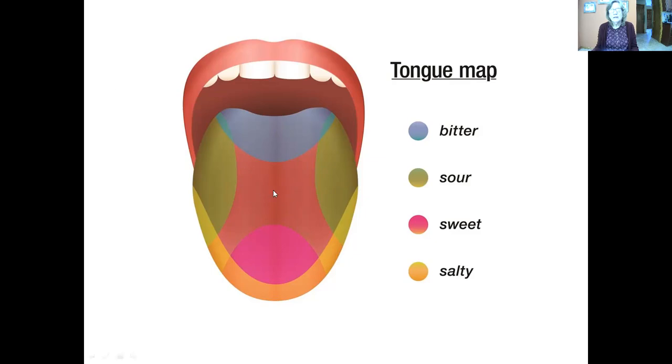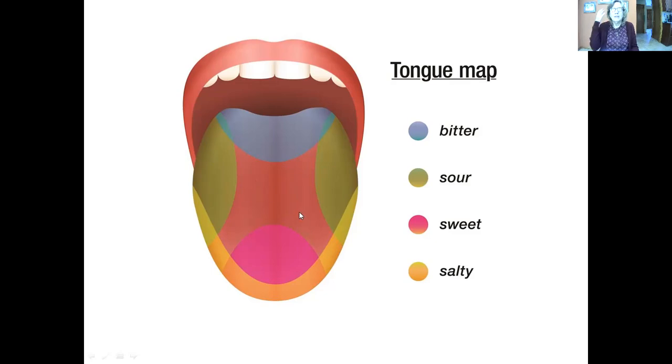Now, in the middle is the 5th kind of taste, which is umami. Isn't that a fun name? Umami, which is described as a very rich taste. Okay, so we have one tongue, and there are 5 different kinds of tastes, and the tongue is divided into sections that taste that kind of taste.